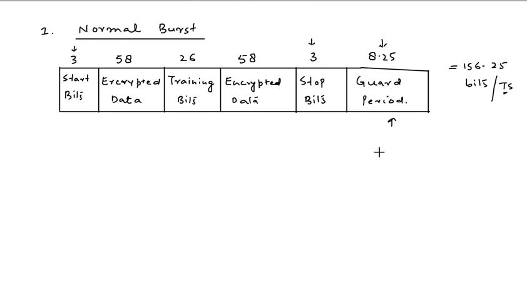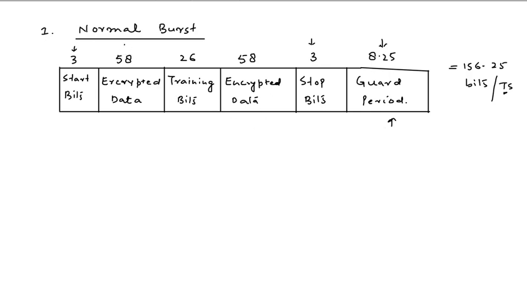Okay, so these 3 start bits, 3 stop bits along with the 8.25 guard period, they are used to avoid the overlap between the different frames or the different time slots which follow the different propagation paths.